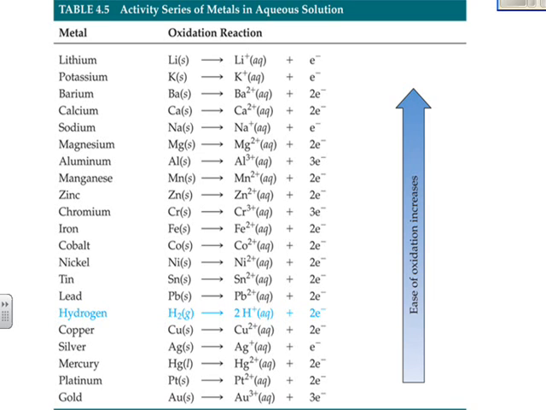So in the last example, we had zinc, and we put that into a solution of tin 2. So the tin is less reactive than the zinc. The zinc is able to force tin to take its 2 electrons.